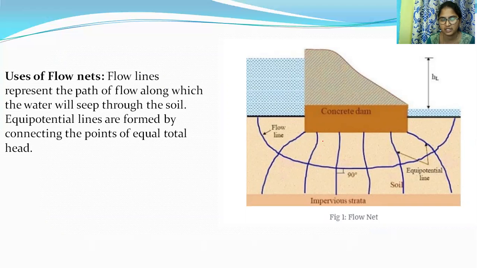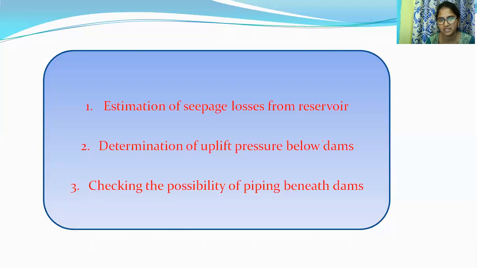The uses of flow nets are classified into three types: estimation of seepage losses from reservoirs, determination of uplift pressure below dams, and checking the possibility of piping beneath dams.